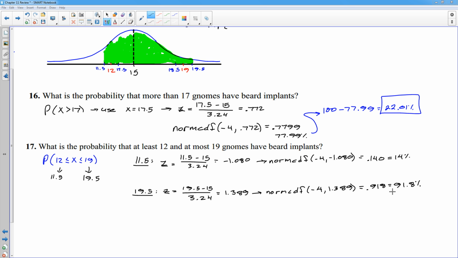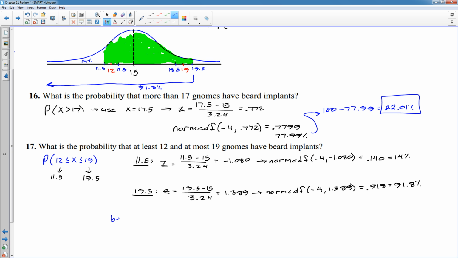You get these percentages. Now remember, when you do the norm CDF, when you do -4 to whatever your z-score is, it tells you the percent to the left. So to the left of 11.5 is 14%, so that 14% is actually this stuff over here. And then to the left of 19.5, which would be everything over that way, is 91.8. We need to subtract those two to find the amount between them.